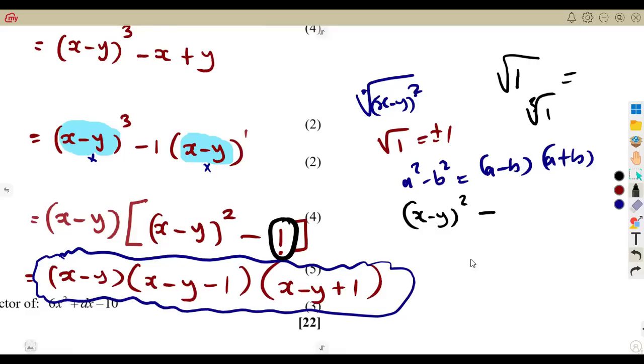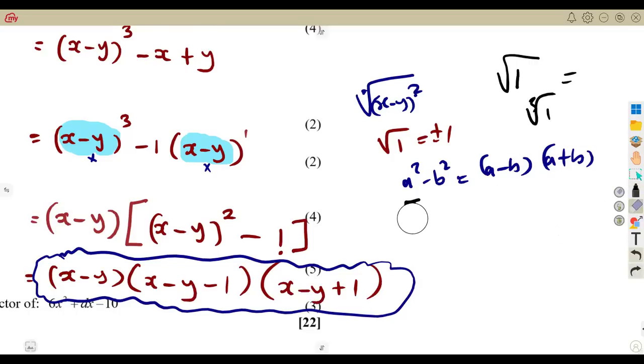So we can raise 1 to the power of 2 just for us to have the difference of 2 squares concept, the square and the square. So this is your a and this is your b. So we're going to have a minus b, a plus b, just like what we had before.